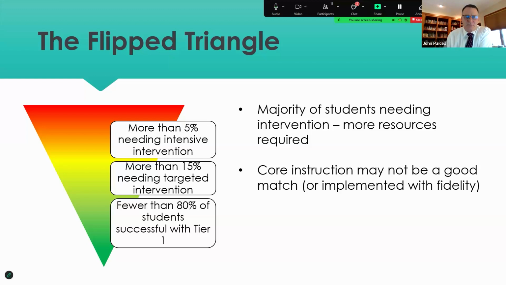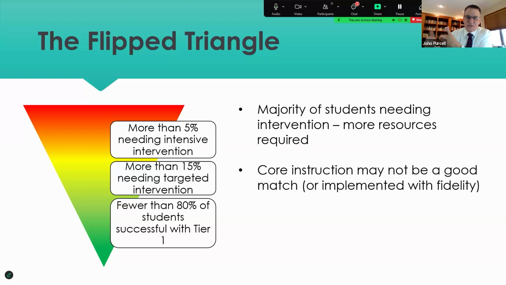So majority of the students needing intervention, core instruction may not be good or implemented with fidelity. And when it says may not be good, a good match, that means that we are probably not clear on what they must know and be able to do, and we're not using our data, error analysis, for students, groups of students, and specific students to know that this is what they need.